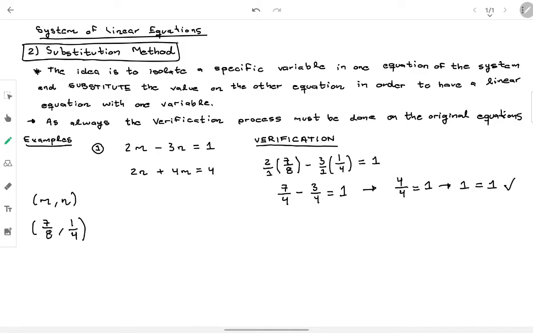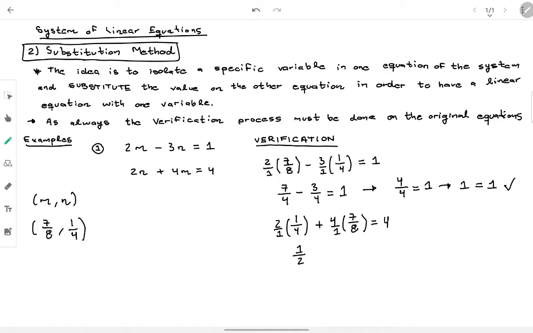Let's verify our answers in the second equation. It's going to be 2 that multiplies n, 1/4, plus 4 that multiplies 7/8 equals 4. So it's going to be 2 and 4. They can get simplified, and it's going to be only 1/2. Let's see the other one.